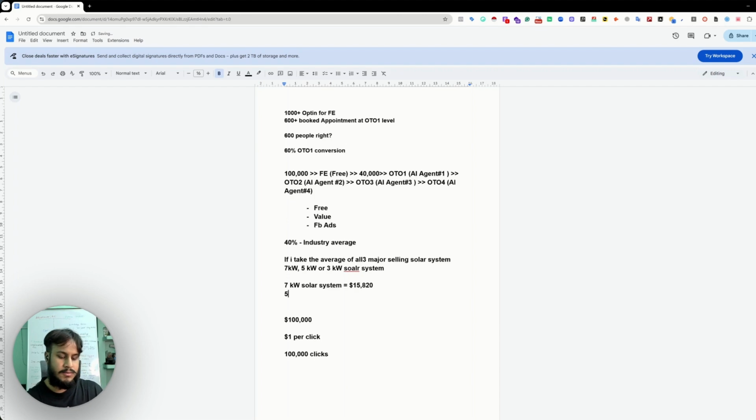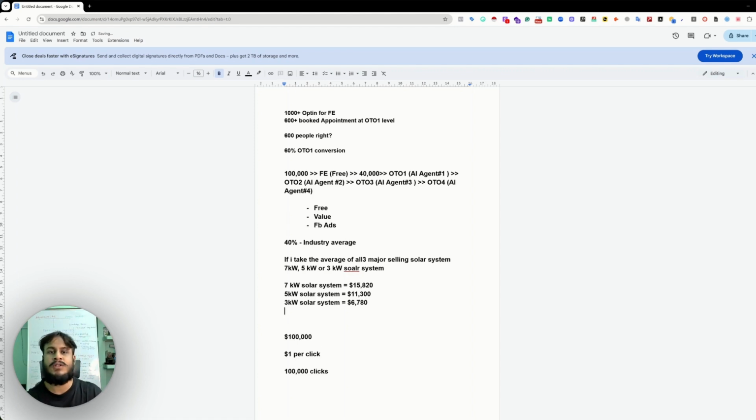The 5 kilowatt solar system costs $11,300. The 3 kilowatt solar system costs $6,780.